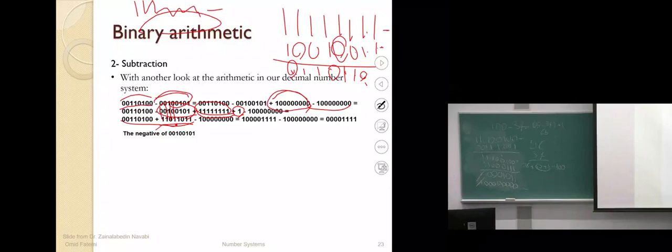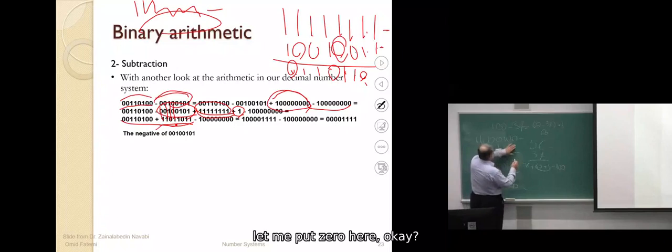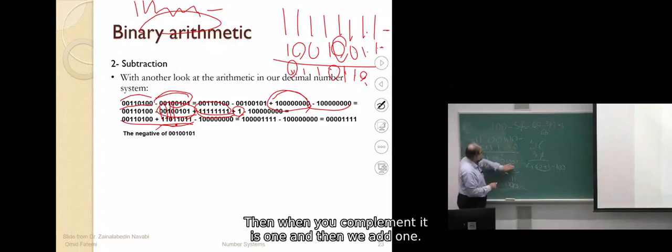What if when we complement it becomes 1 and then we need to add 1? Yes, so it goes up. For example, let me put 0 here. Then when you complement, it is 1, and then we add 1.